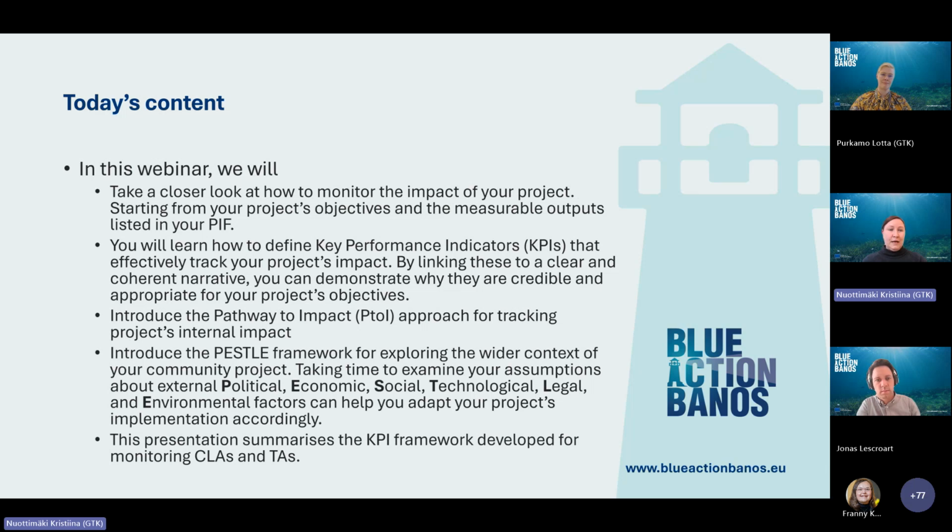We use the pathway to impact approach for tracking projects' internal impact. Sometimes this is also called research impact pathway. It is the same method. And then we want to introduce the PESTLE framework for exploring the wider context of your community project.